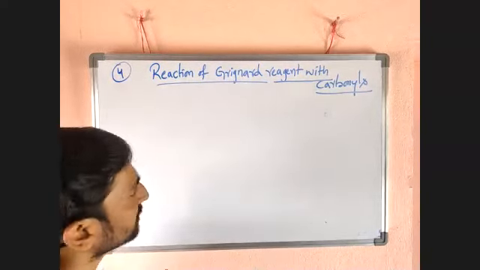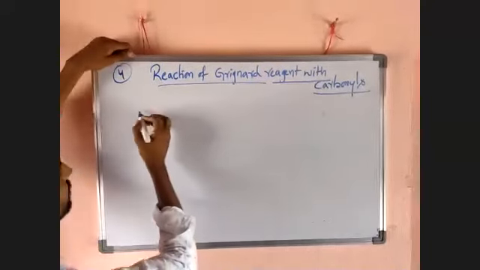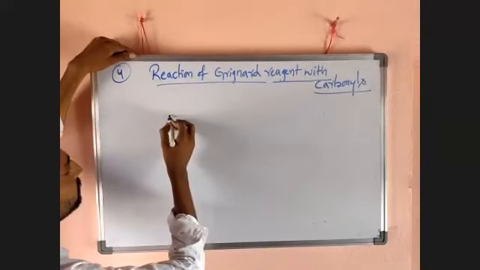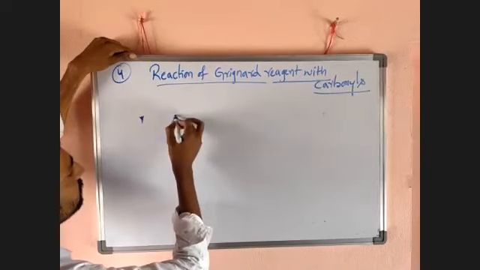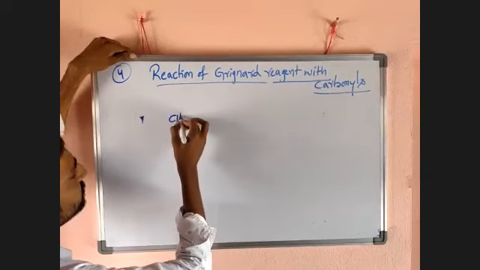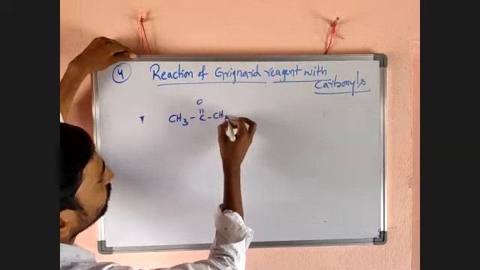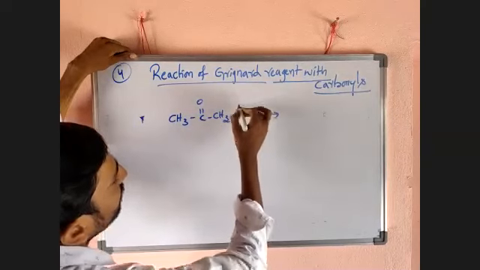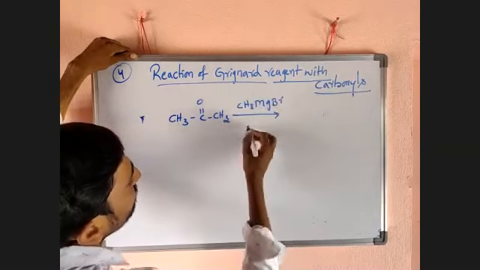So look here, what happens. I want to take a direct example for carbonyl compounds, a simple example: CH3COCH3, with CH3MgBr as the Grignard reagent.